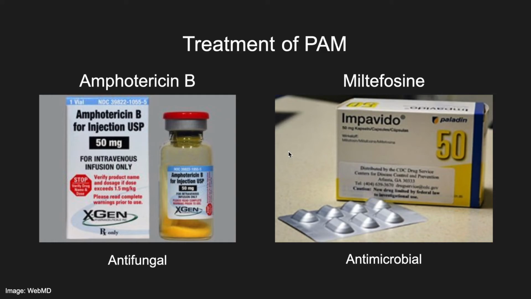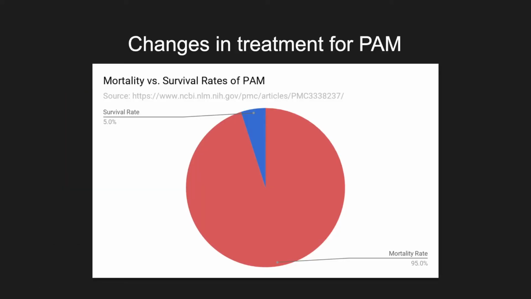So yeah. All right. So changes in treatment for PAM. So to date, there have been only 7 survivors worldwide, of whom 4 were in North America, including 3 in the United States and 1 in Mexico. Due to it being a rare disease, adequate research on treatment is limited, but new medications are constantly being tested in hopes of increasing the survival rate.